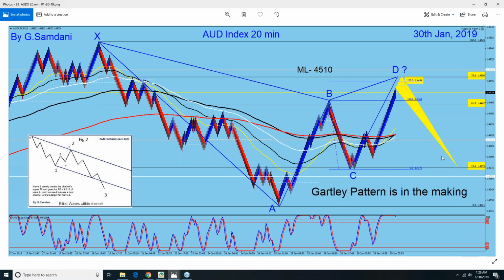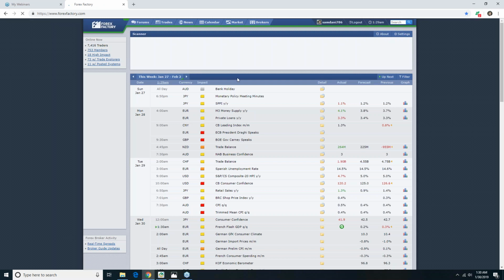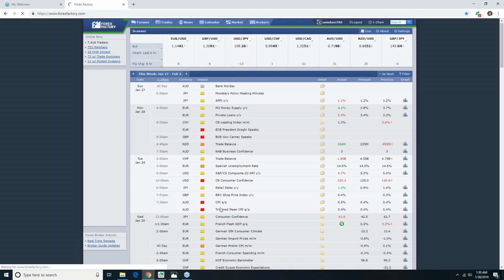But so far we know that we had news, and it is a kind of positive news if you look at it. Let me show you this on Forex Factory. Had it been negative news, it would have dropped already, right? But unfortunately the news came out for Aussie, you see this here?